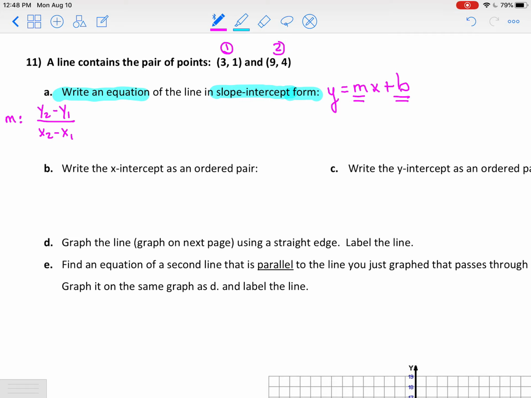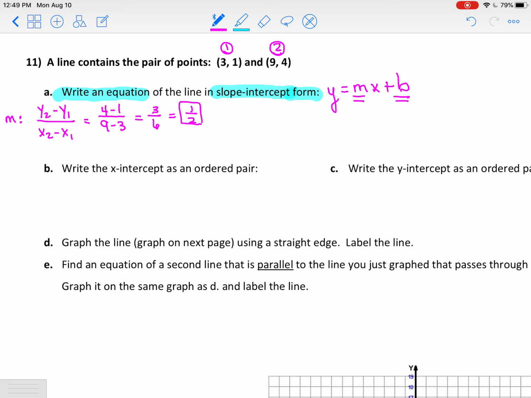I'm going to randomly label these point 1 and point 2 just so I'm consistent. And I'll start with point 2. So my y on my point 2 is 4 minus my y coordinate on point 1, which is 1. Since I started with the second y, I have to start with the second x. That's going to give me 3/6, and I always simplify, so I'm going to have a slope of 1/2.